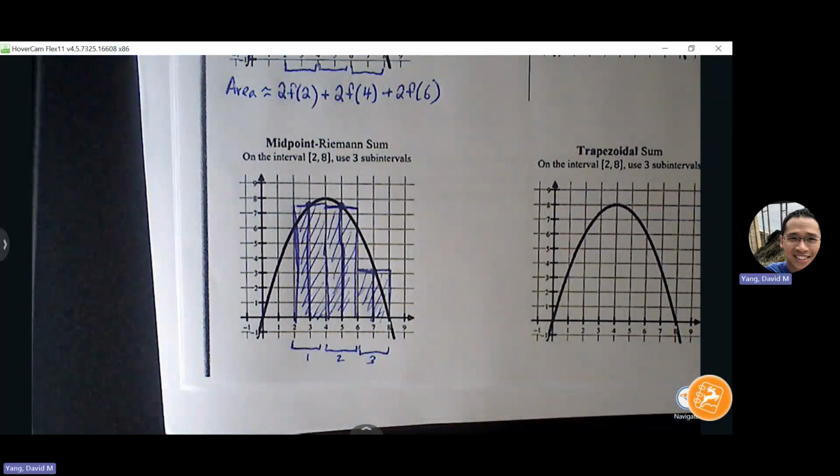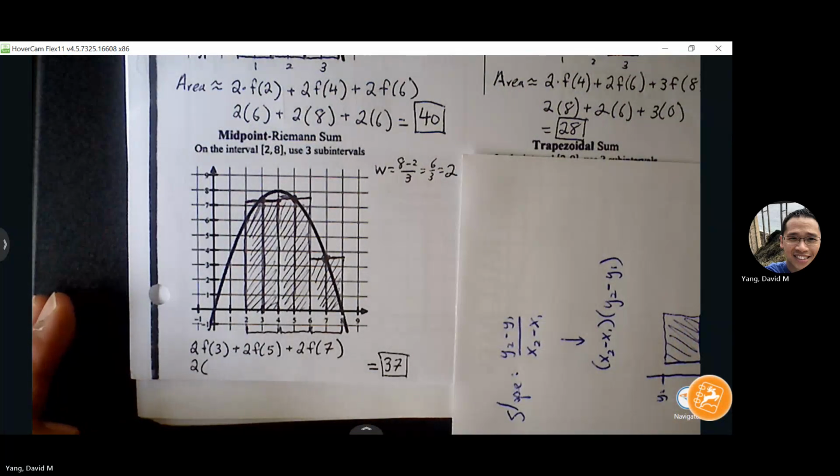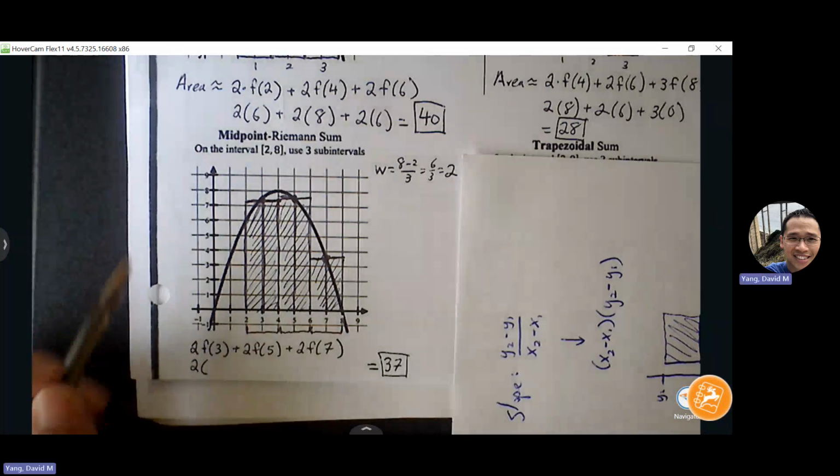So let's put in function notation first. First rectangle is width of 2, height is f of 3. Second rectangle, f of 5, f of 7, and then we can use the function, but let's just do approximation using the graph. All right, got to put these values in.